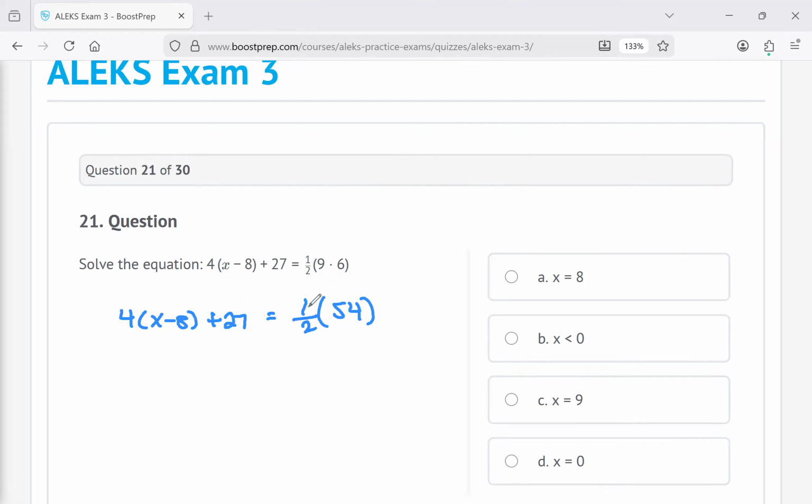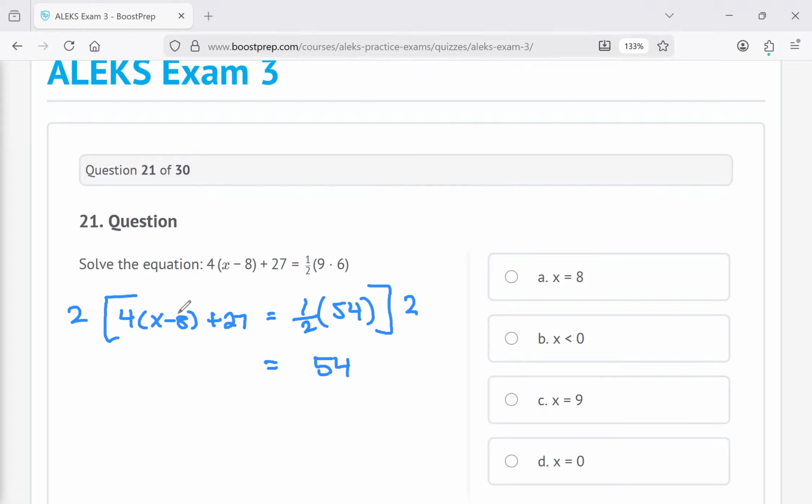And then what I would do is get rid of this fraction 1 half by multiplying both sides by 2. So over here, the 1 half times 2 is just 54.